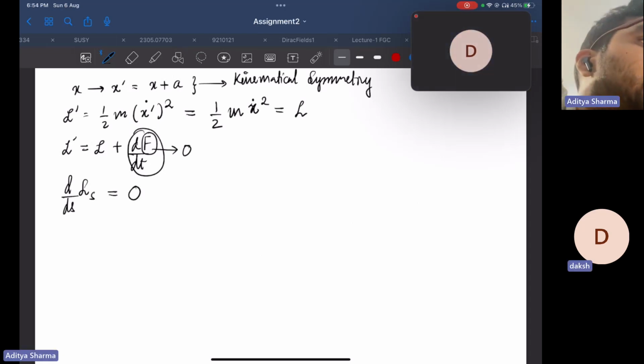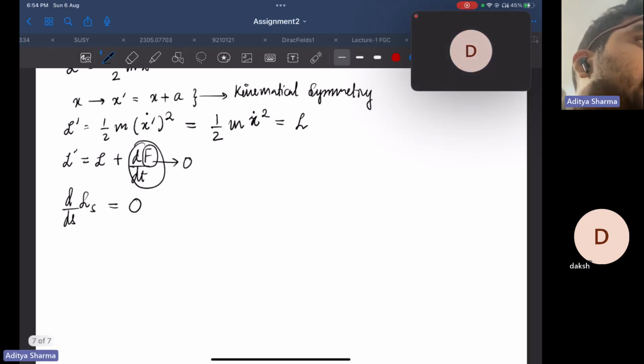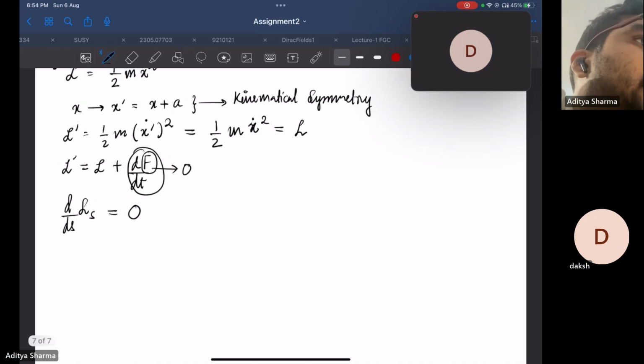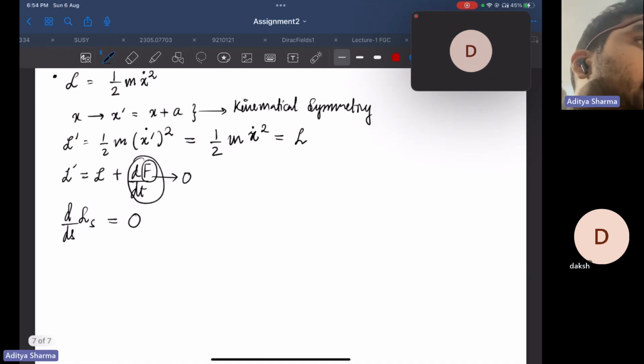And in this case only, you can find that the momentum is the generator. So how do you find that?